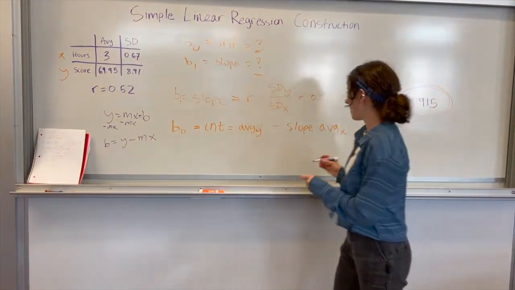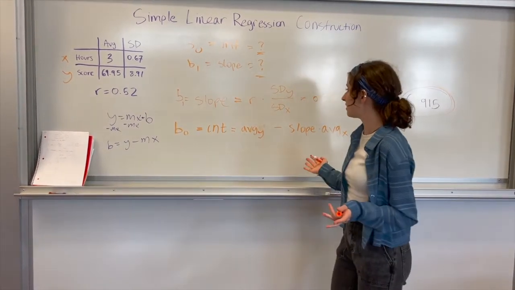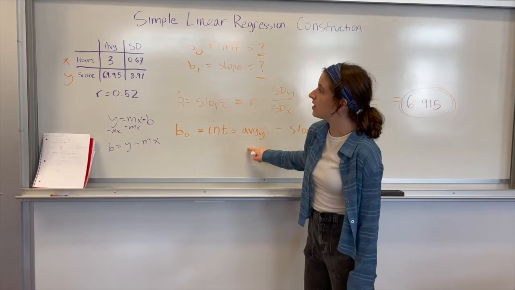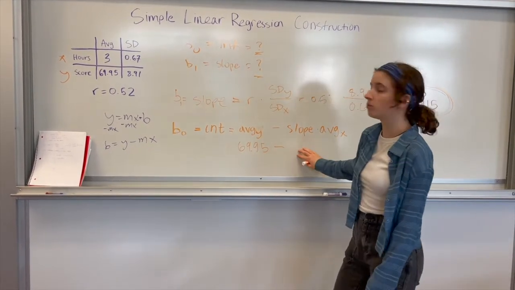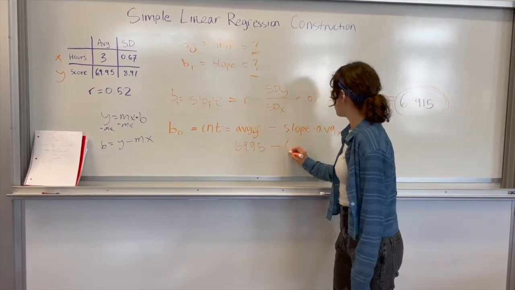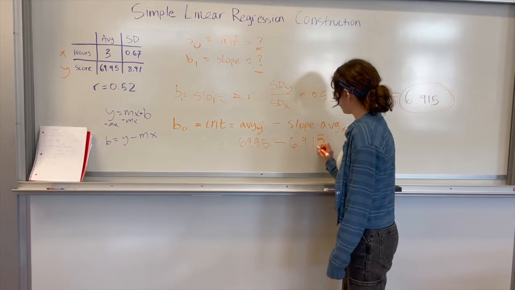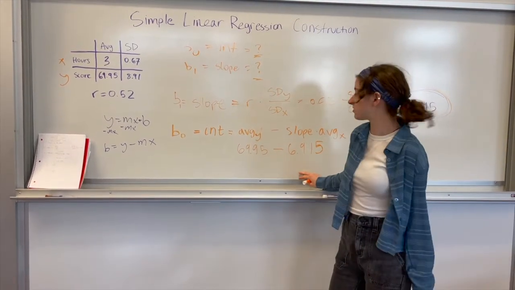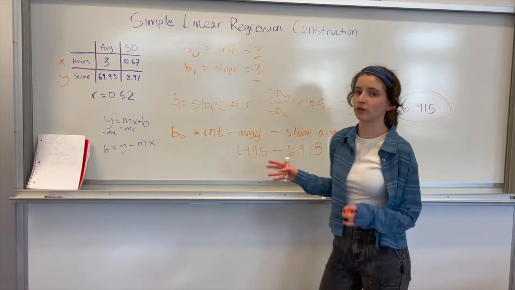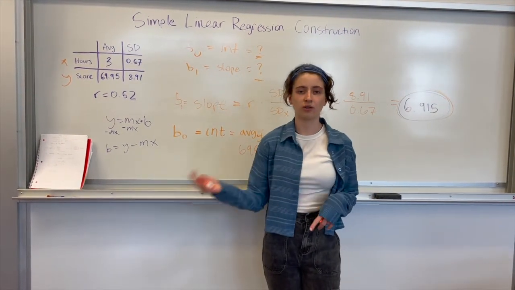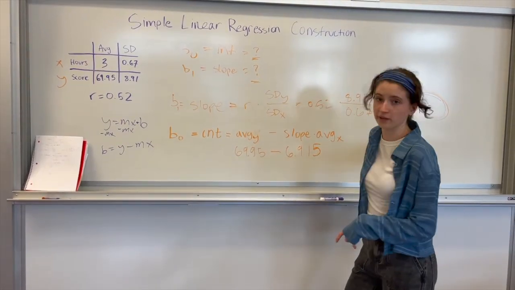So it's the same thing here, average y minus slope times average x, and we have all this information. Your average y is 69.95 minus the slope we found in the previous problem, which is 6.915. And if this is not a clean decimal, make sure to store it in your calculator or something so that you don't have rounding errors, because the answer for the third part depends on what you got for the second part.